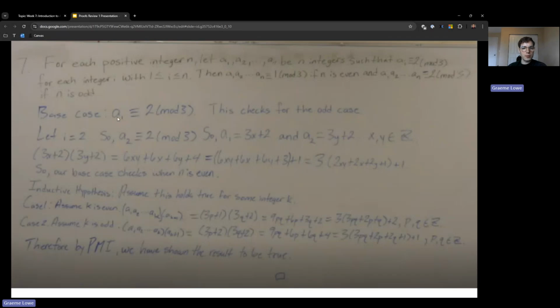So if we take the first term, which is also an odd term, then it is congruent to 2 mod 3. But is this true for the second sentence over here?